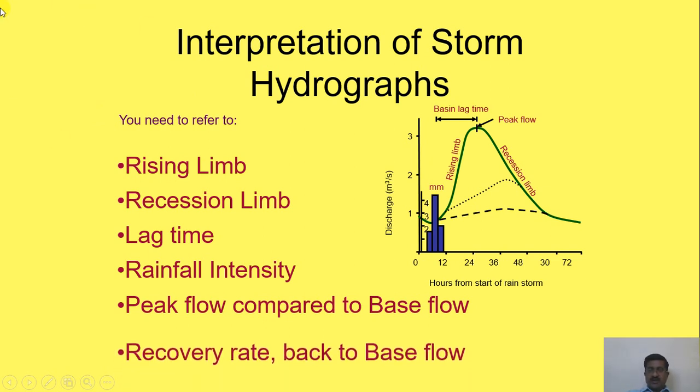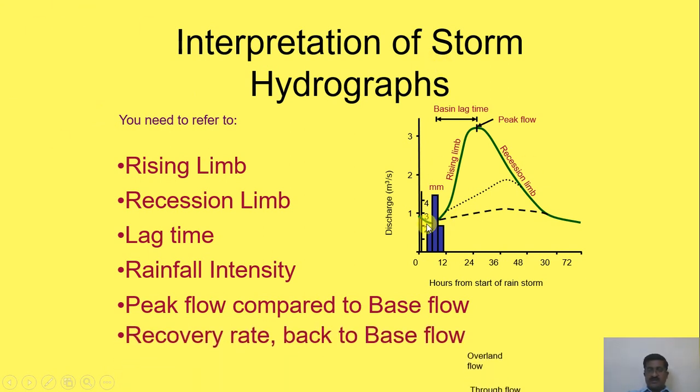All these terms are necessary to understand. So earlier we have seen the rising limb. What is a rising limb? Then what is the recession limb? What is the basin lag time? What is a peak flow, which is called a crest? This is a hydrograph, right? So all these terms, remember that those are required.